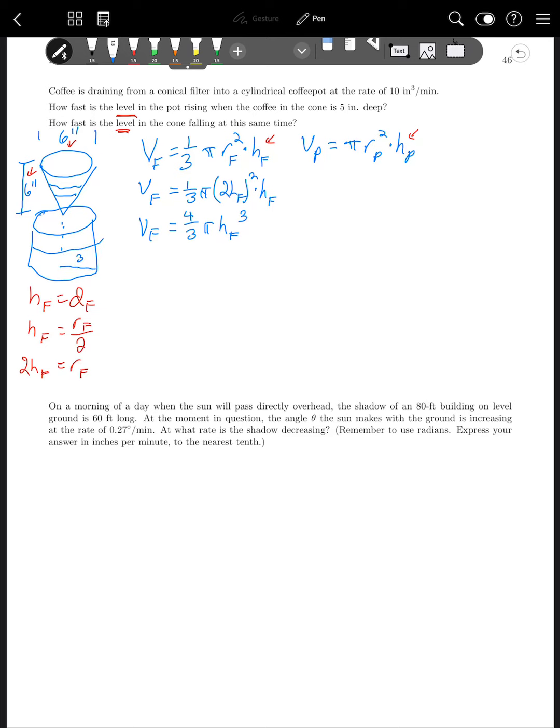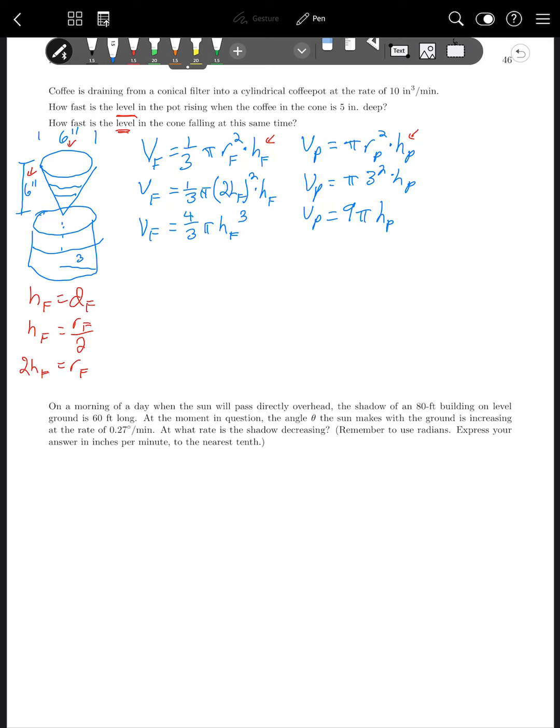So I can substitute in 3 for r sub p, and that gives me a formula for the volume of the pot: 9 pi h sub p. Now we've got simpler formulas.